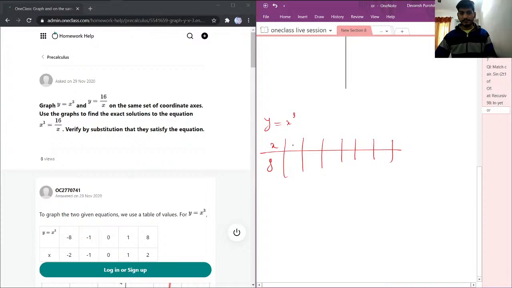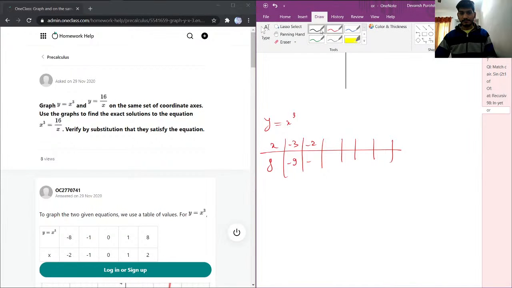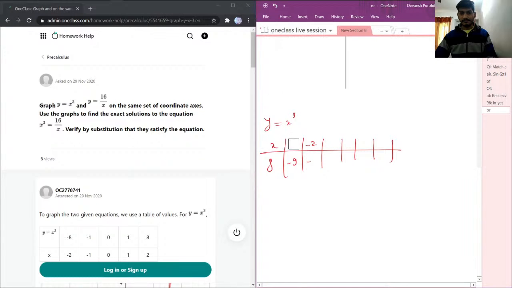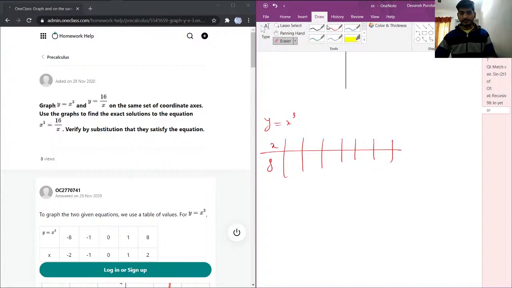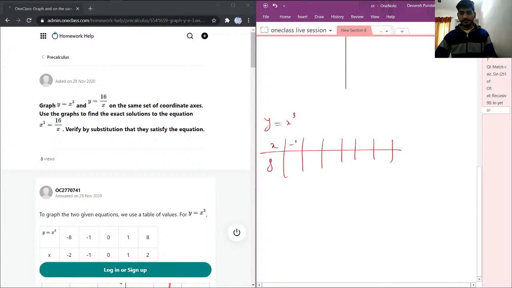For x as -3, this will be -9. Okay, okay. This is cube, not square. I got confused. So for -2, I have -8, for -1, -1, for 0, 0, for 1, 1, for 2, 8.